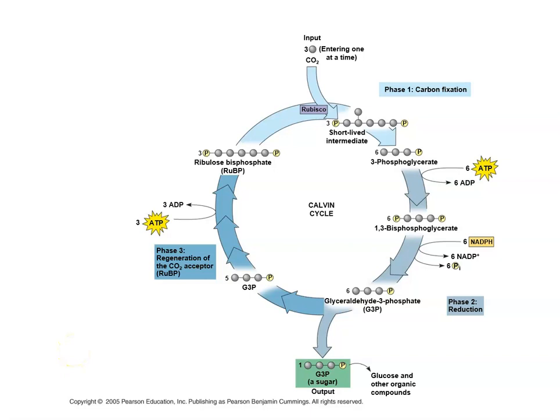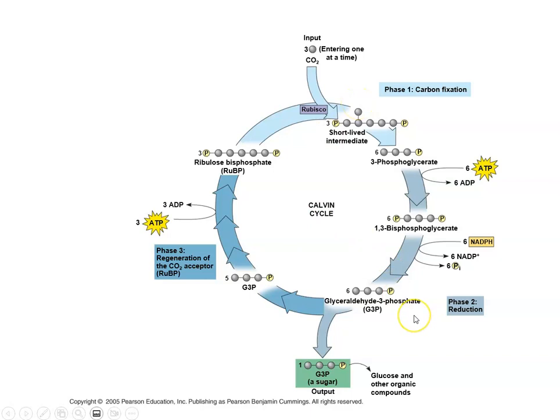This needs to be regenerated because in order for the Calvin cycle to continue, there has to be a molecule that can receive the carbon dioxide to ultimately fix it into organic carbon. So 5 G3P get phosphorylated. There are several intermediary steps here, resulting in 3 molecules of ribulose bisphosphate, 1 for each CO2 that enters the next round of the cycle.